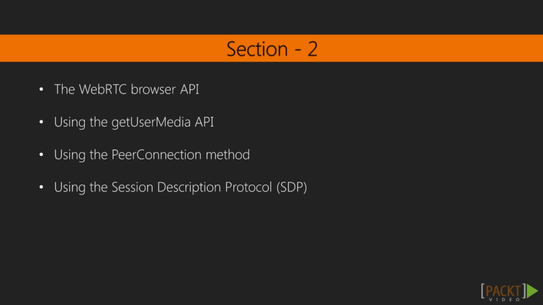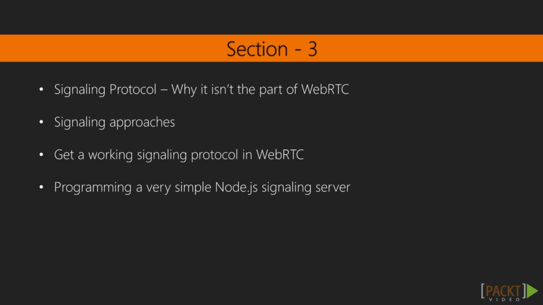In section 2, we will be covering the JavaScript API for WebRTC. We will be looking in detail at the getUserMedia API, peer connection methods, and the SDP protocol, which are the backbone of WebRTC. In section 3, we will discuss the different options we have for signaling to establish WebRTC sessions.